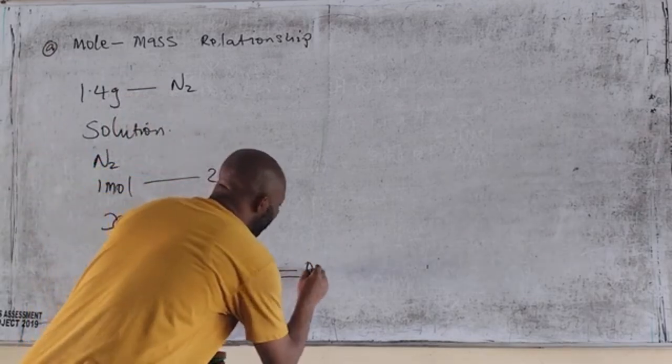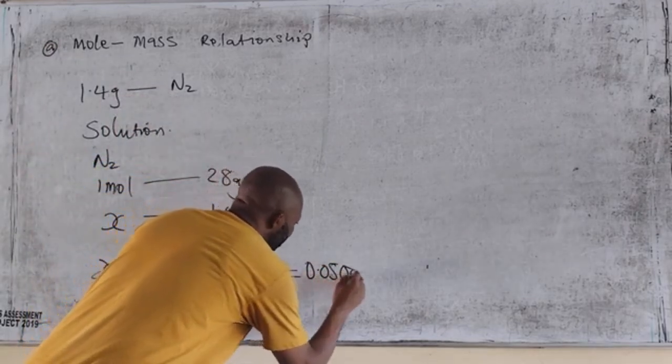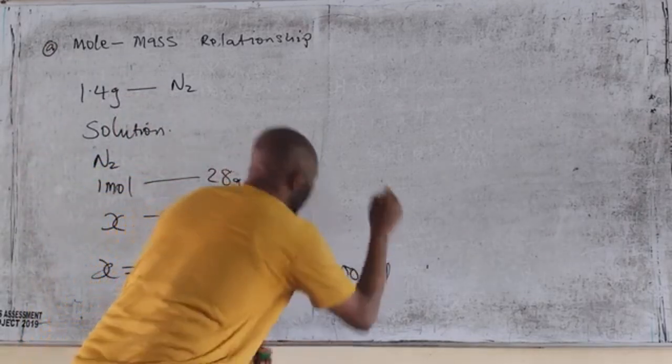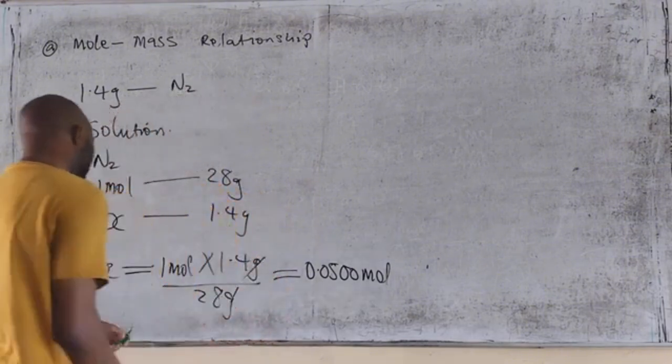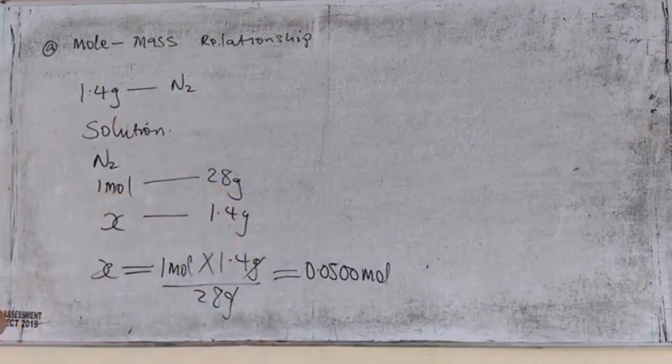So this is 0.0500 mole, because the gram cancels. So we are still on mole-mass relationship.